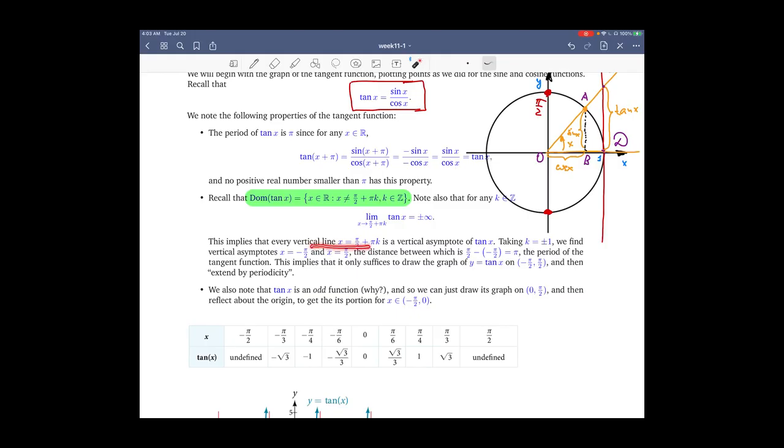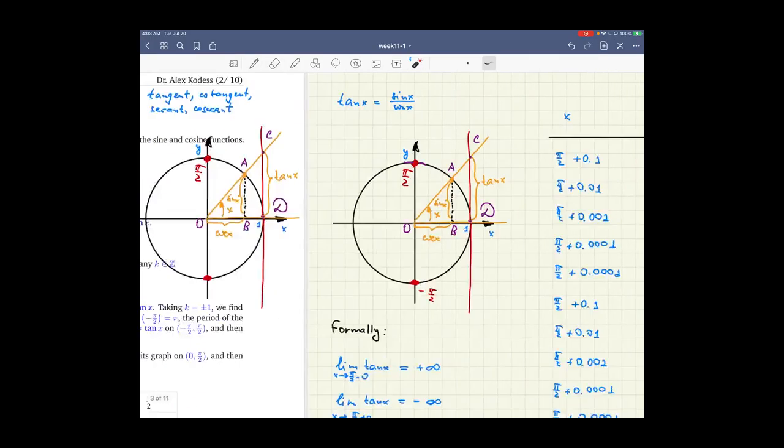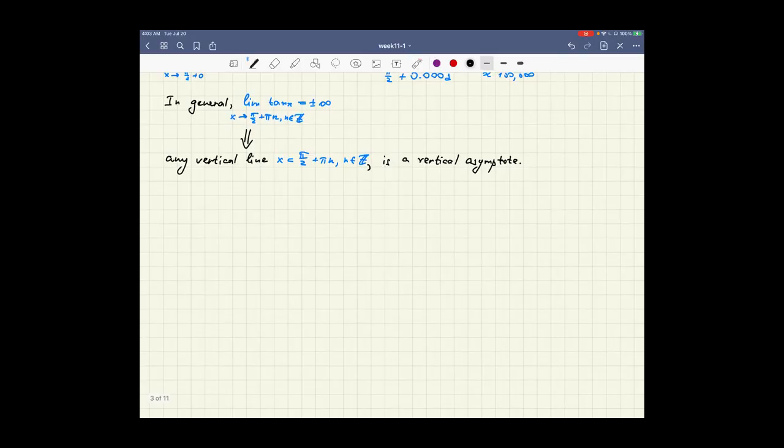Every vertical line pi over 2 plus pi times an integer will be a vertical asymptote, in particular taking here this integer to be 0 and negative 1.